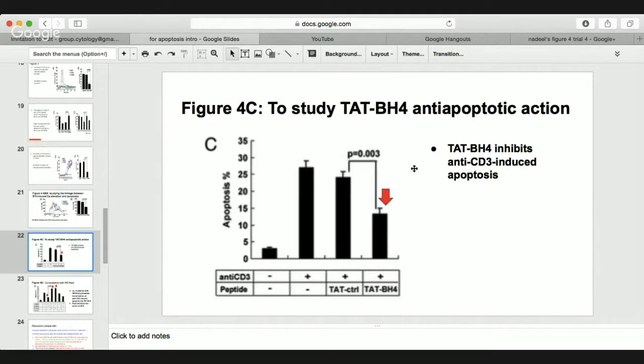They found that TAT-BH4 inhibits the anti-CD3 induced apoptosis. The red arrow here shows that with anti-CD3 in the presence of TAT-BH4, the apoptosis percentage is reduced compared with anti-CD3 by itself or with anti-CD3 and a TAT control.